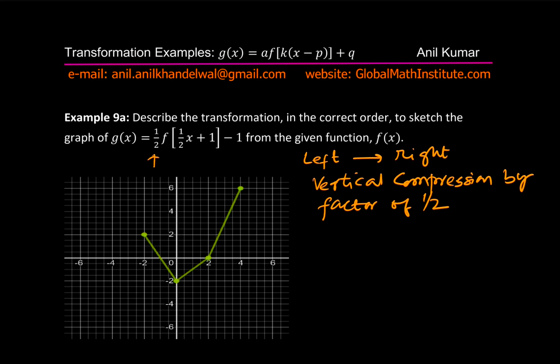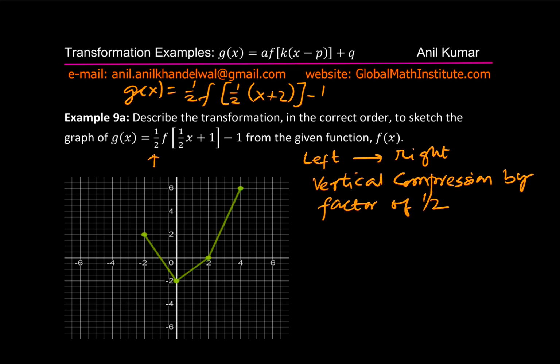Another important thing here is you may have to rewrite this to understand the horizontal translation. So let me rewrite g of x right there on the top. We can write g of x as equal to half of f of, factor out half, x plus 2, minus 1. Is that clear to you?